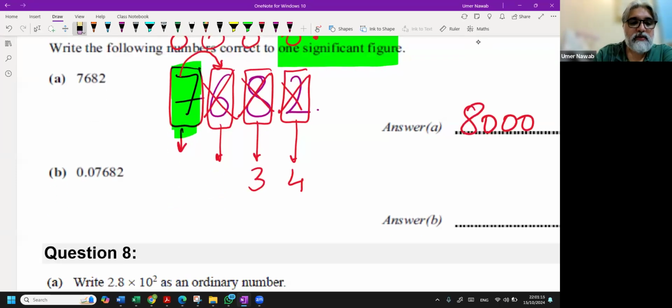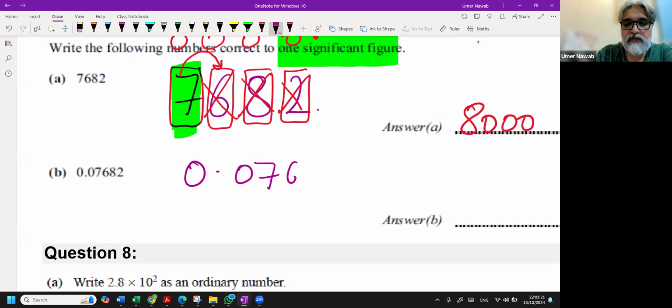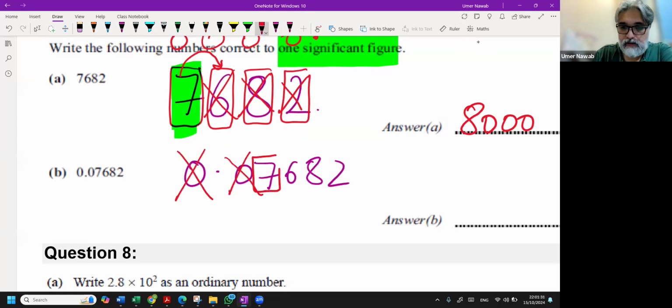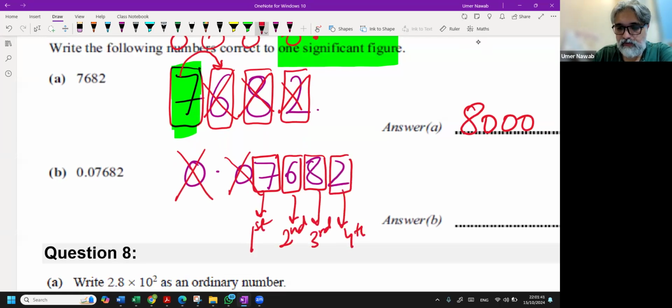Now, the next question is 0.07682. Again, this number has to be written to one significant figure. So this 0 cannot be significant, this 0 cannot be significant. This is my first significant, second significant, third significant, and fourth significant.